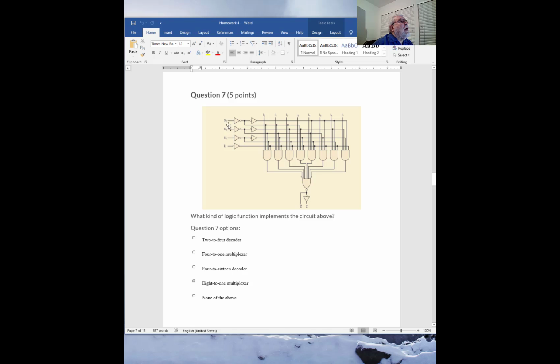If you look into how these are set, for instance, suppose that you want to have the 0, 0, 0 here, that would be the I0. So if you have 0, 0, 0, then this side after the inverter is going to be 1. Therefore, all these lines are 1.